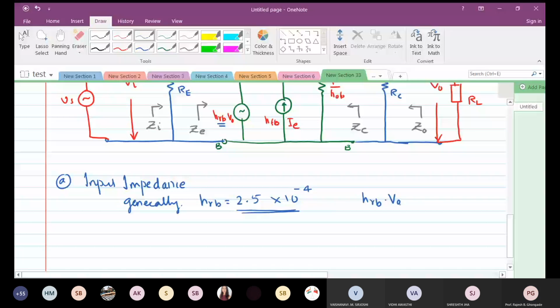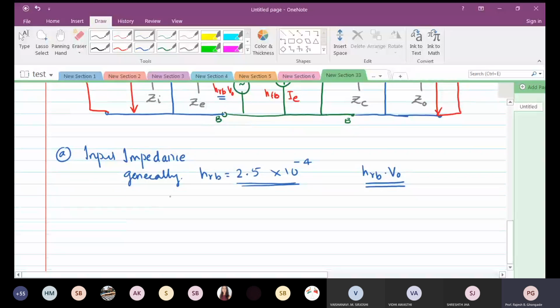Agreed? Yes, sir. So we can say that a very small part of the output VO appears at the input in this case. So I can neglect this term. So ignoring that, my device input impedance ZE happens to be simply HIB.